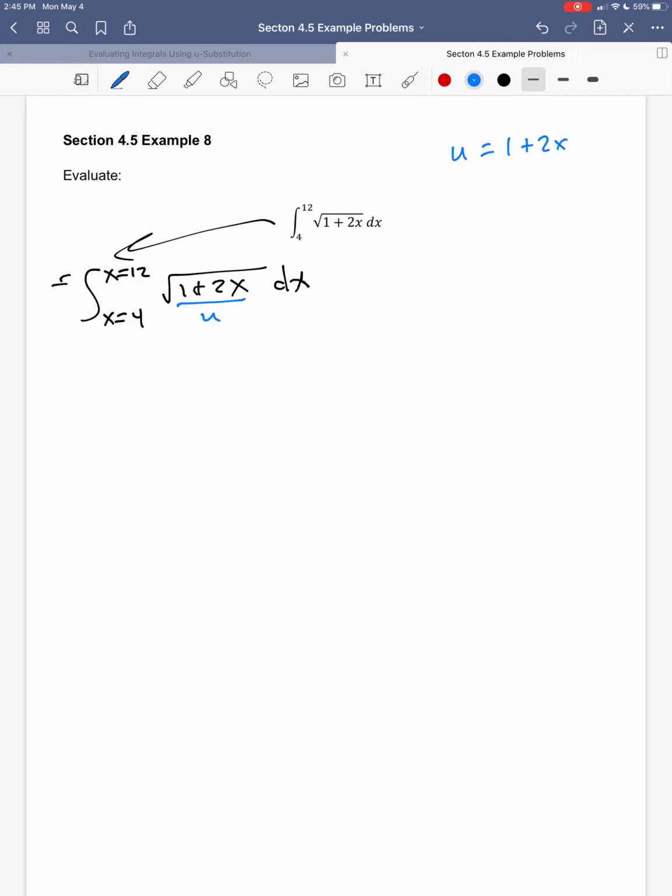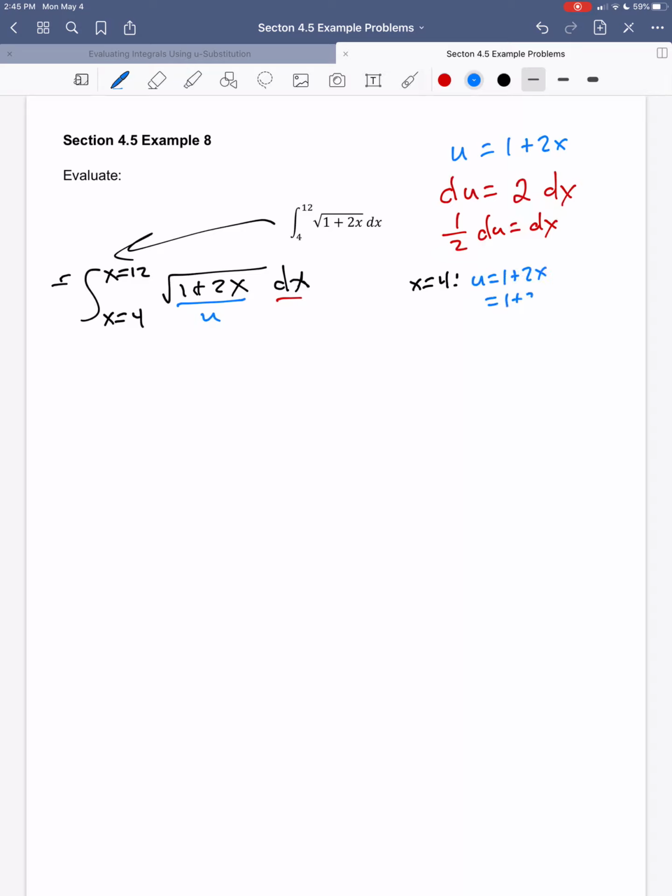So then when I take du, well, the derivative of 1 is 0. The derivative of 2x is just 2, so I get 2 dx. But I just want to have dx here, so that's going to be 1/2 du equal to dx. But the other thing I'm going to do, instead of x equal 4, I'm going to let u equal 1 plus 2x.